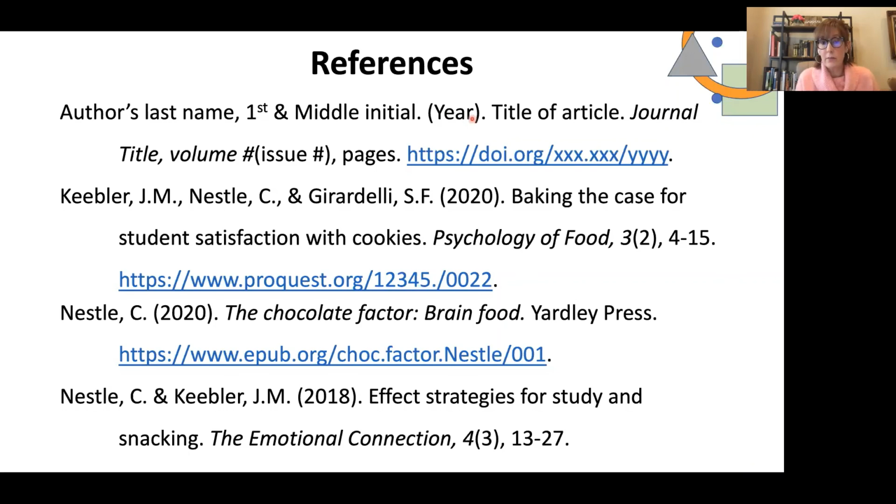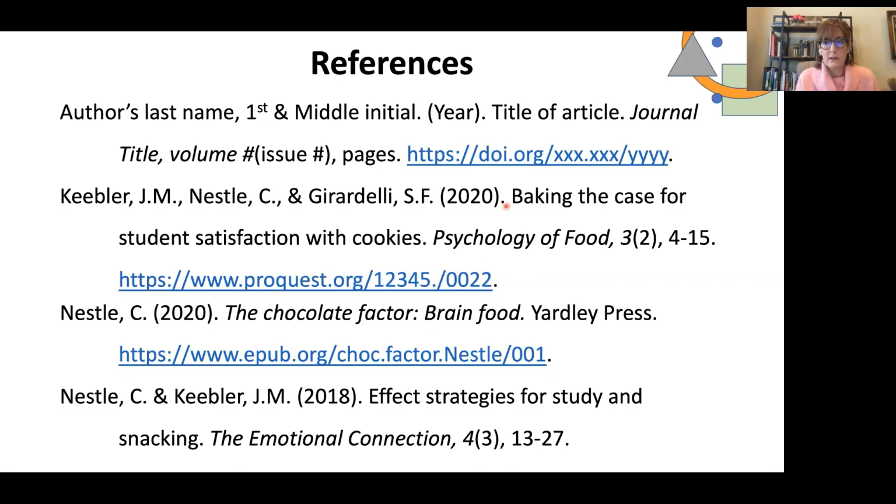Basically, it's the last names, the initials, the year of publication, and the title of the article, which you'll notice has the first letter capitalized but the rest lowercase. The only exception would be, like in the one for Nestle, The chocolate factor, after a colon, the letter would be capitalized.